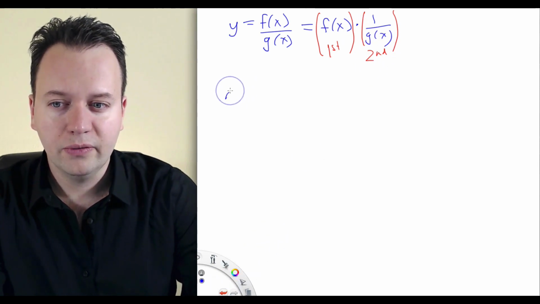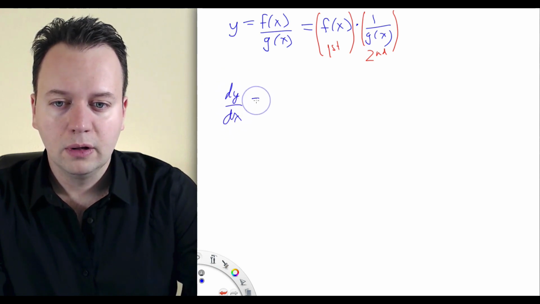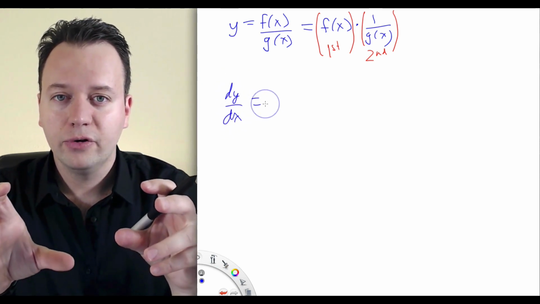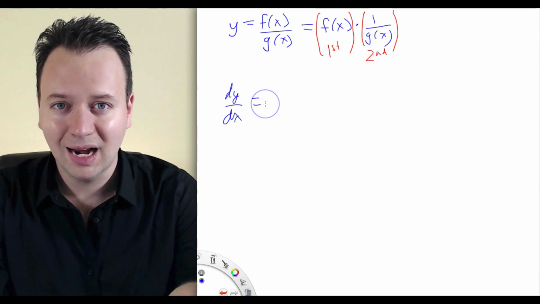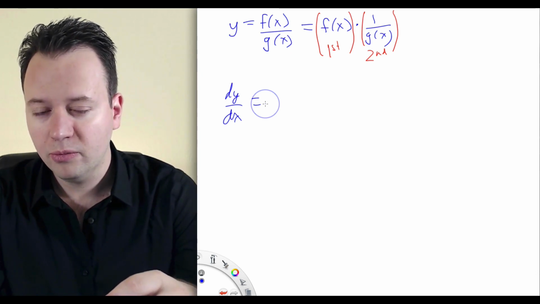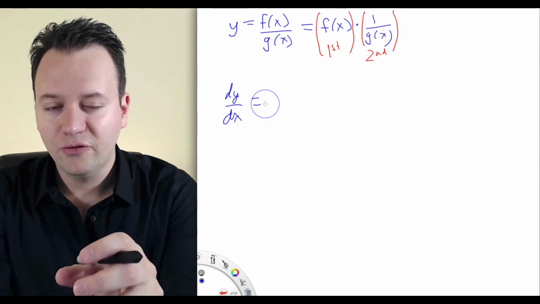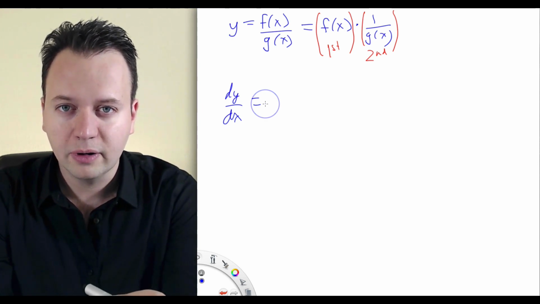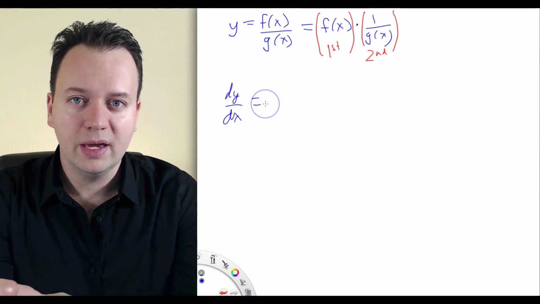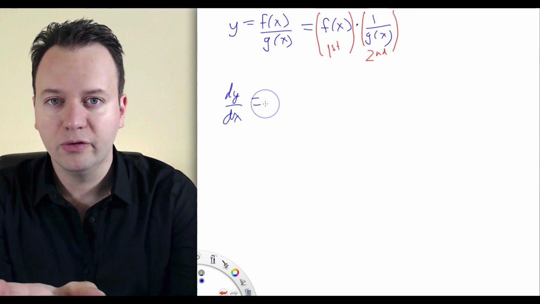So to take the derivative, remember we have two terms added together, and one term will be one factor times the derivative of the other factor, and then the second term will be the other factor times the derivative of the one factor.